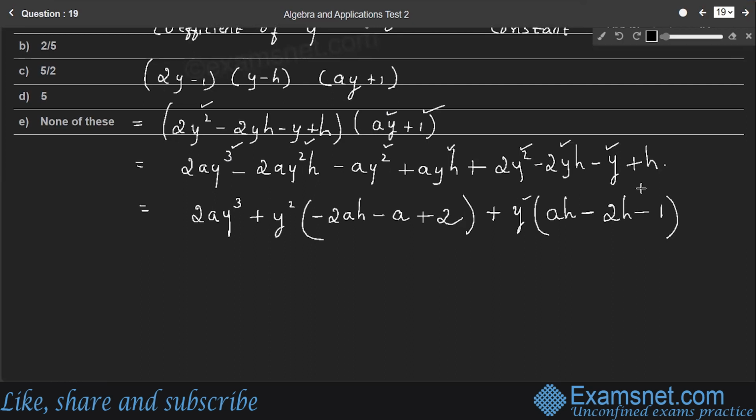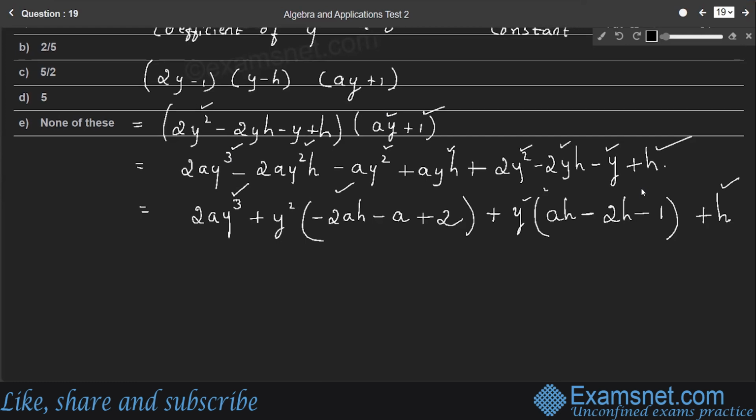And the last term is plus h. Therefore, the expression has 2ay cube, so the power is 3, plus in the second term y square, in the third term y, and the last term is a constant, which is h.